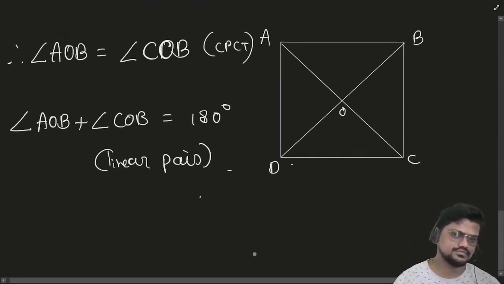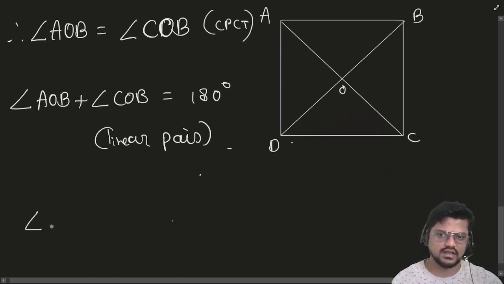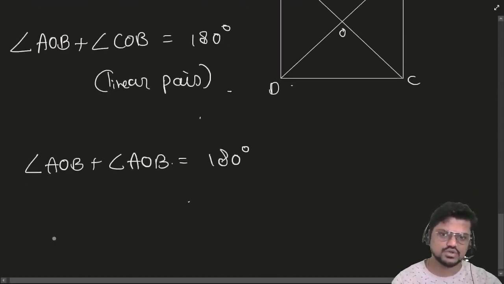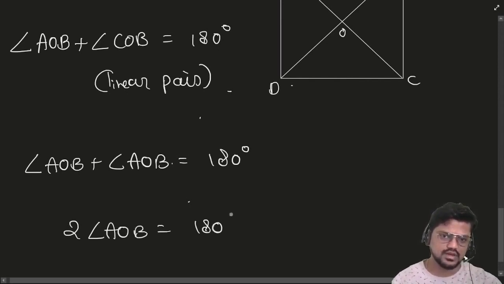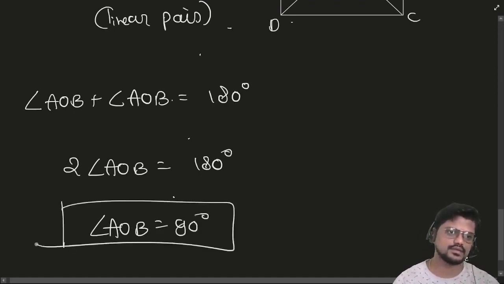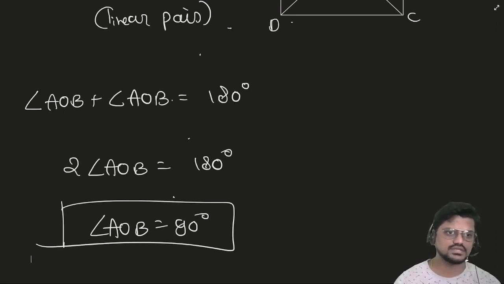Linear pair. Now, since those two angles are equal, I can also say that angle AOB plus angle AOB will be equal to 180 degrees. So twice angle AOB will be equal to 180 degrees, and finally angle AOB will be equal to 90 degrees. Clear? How many of you is it clear to? Please raise your hands.